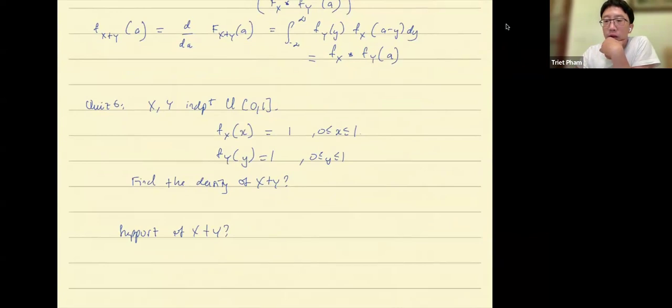So can anyone tell me what's the support of x plus y in this case? What values can x plus y take? Well, maybe it's obvious, but let's just write down from 0 to 2.